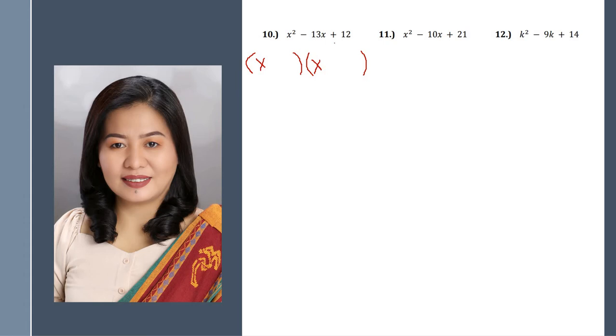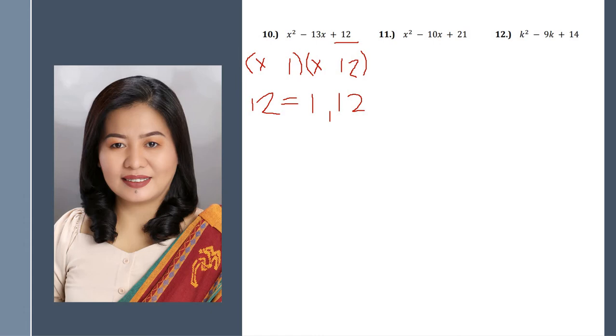Now we look at the third term, factors of 12 that give a sum of 13. That's easy to figure out because 1 times 12 is 12 and 1 plus 12 is 13. So we have 1 and 12.